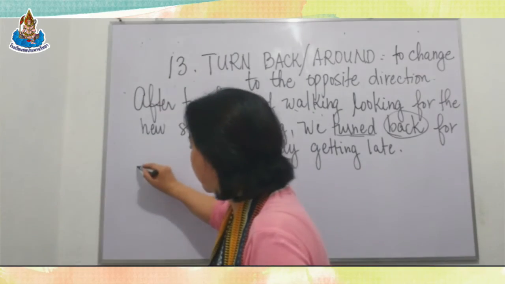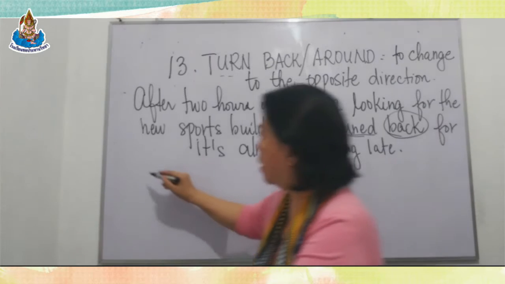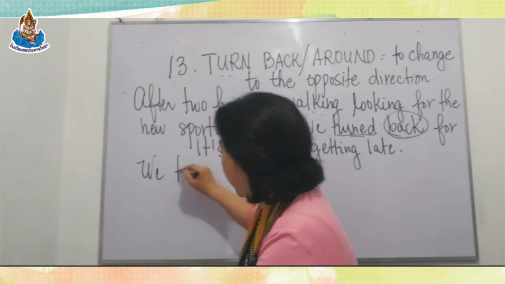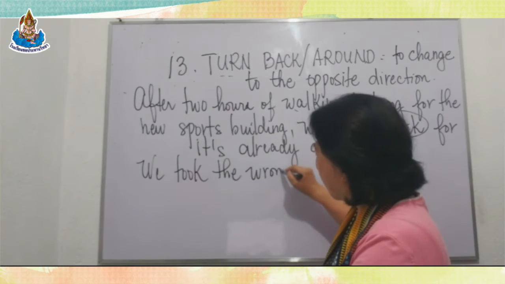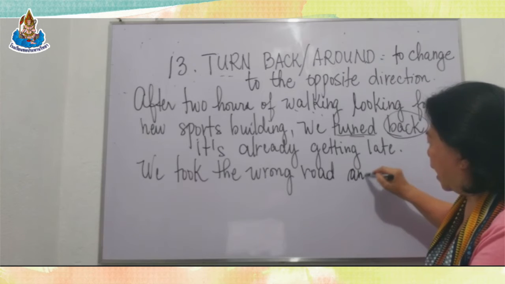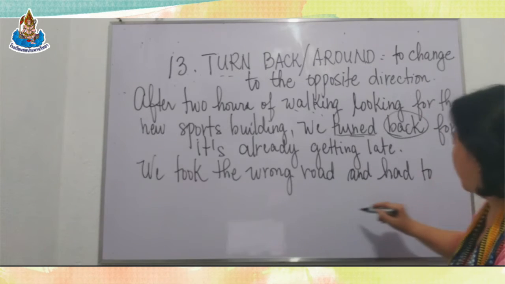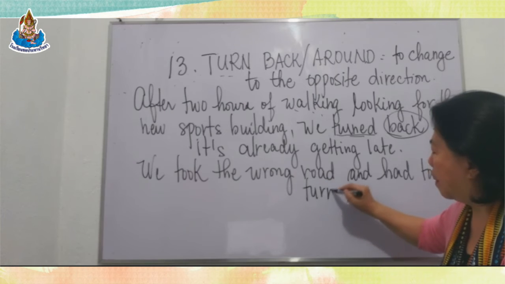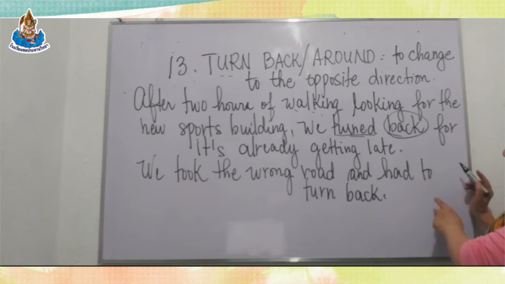Another example that you can use for this phrasal verb is: we took the wrong road and had to turn back. In this case, we have an infinitive form of the verb.